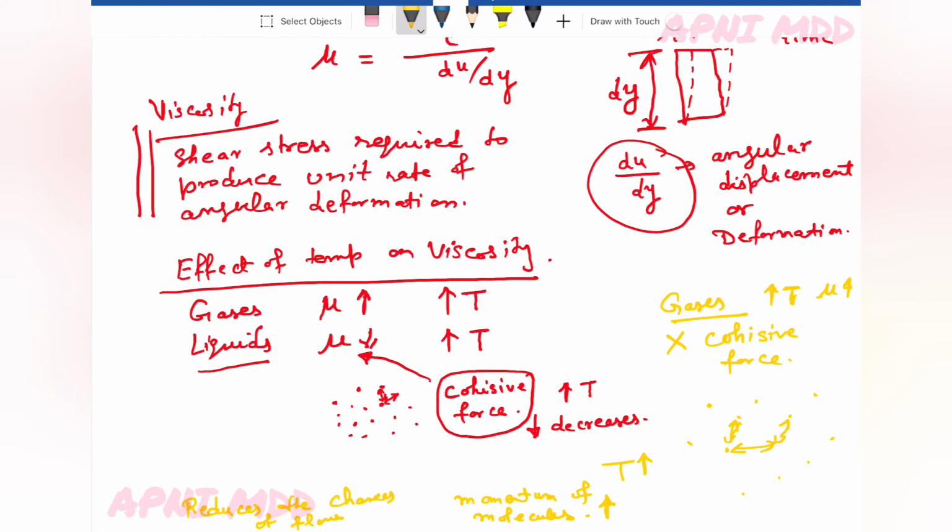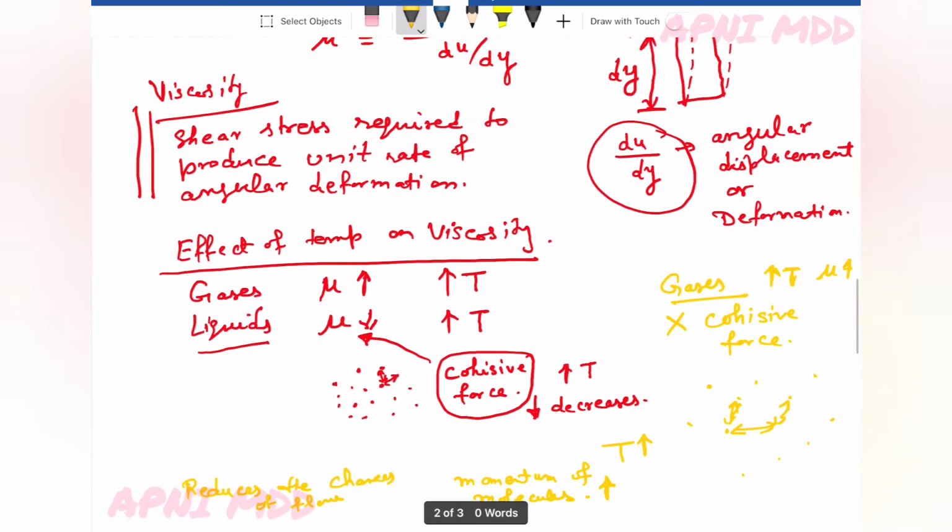The resistance to flow also increases. Okay. So this is the effect of temperature on viscosity.